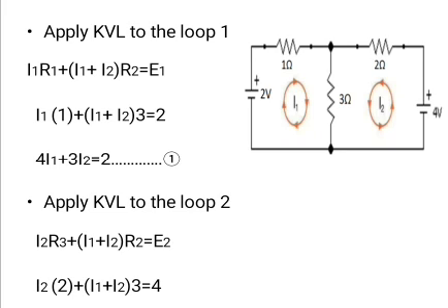I2 into 2, R3 equals 2 ohm, I2 into 2 plus (I1 plus I2) into 3, R2 equals 3 ohm, equals E2. E2 means the second source, E2 equals 4 volts, that's equals 4.